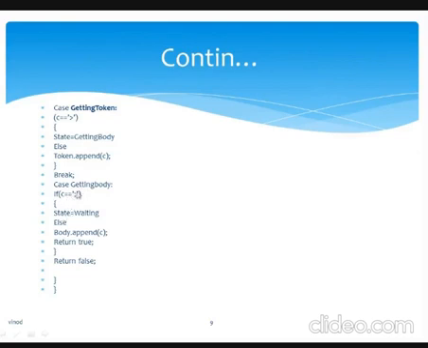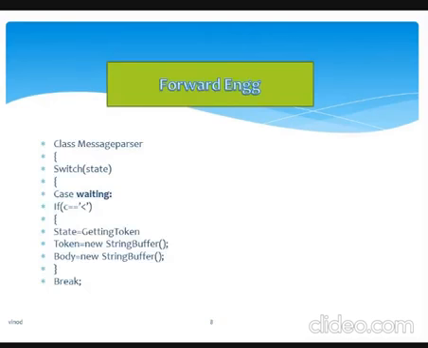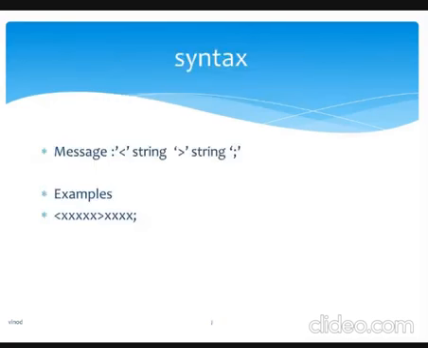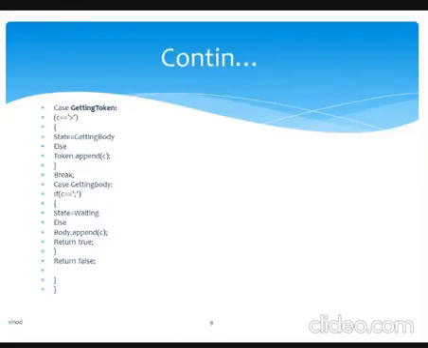As long as it does not receive the semicolon, it will append the character into its buffer. In this way we do forward engineering. Forward engineering is nothing but getting code from the model. So we get the code using this model.